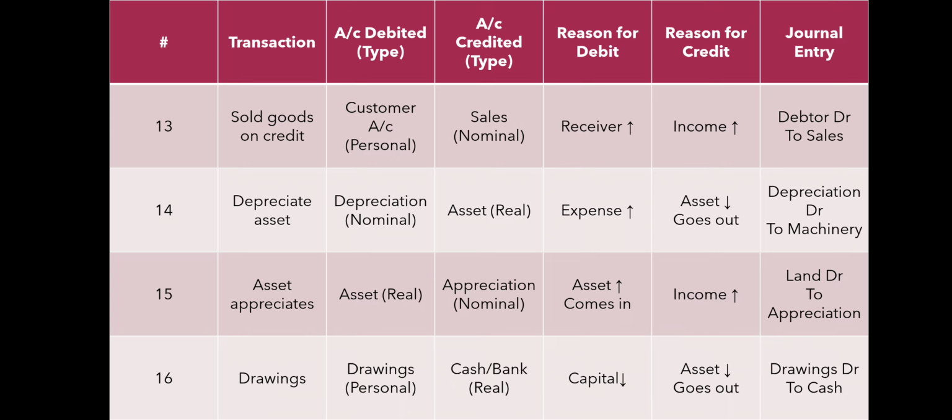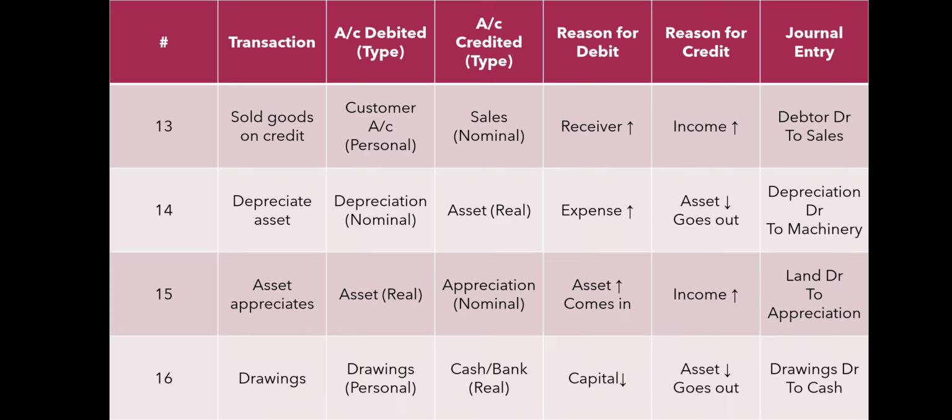So my journal entry will be depreciation account debit to machinery. Now asset appreciation. Depreciate means decrease; appreciate means in this case it will increase.